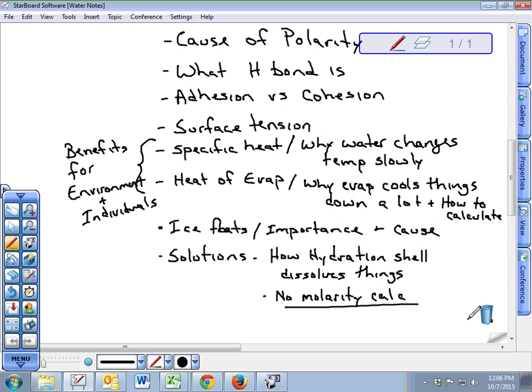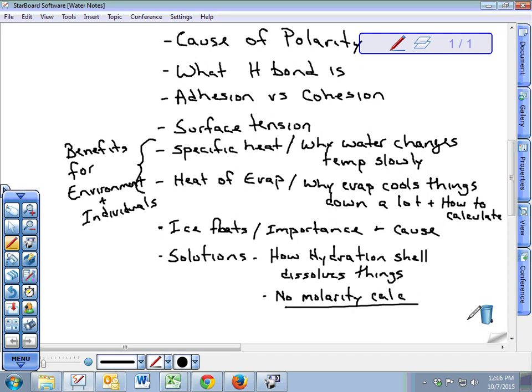All right. What a hydrogen bond is. What is it? What is attracted to what? Hydrogen is attracted to oxygen on a different atom or a different molecule, not the same molecule. One water molecule can't hydrogen bond with itself, right? And it's doing it because of the charge differences. What's adhesion?